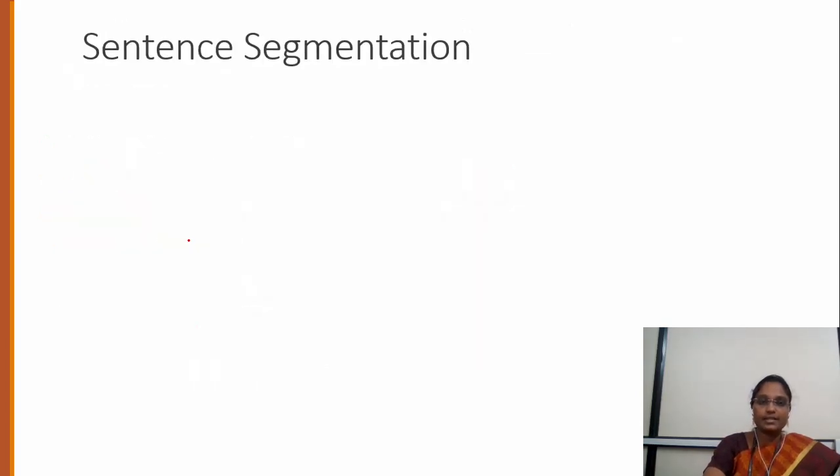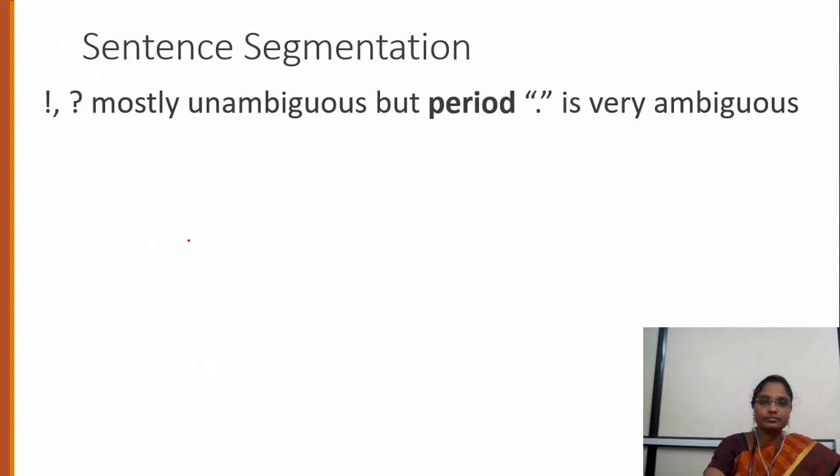And finally, sentence segmentation. When we have, for example, a paragraph with some 10 lines, that is 10 sentences, usually after each sentence we will have a full stop or a period.